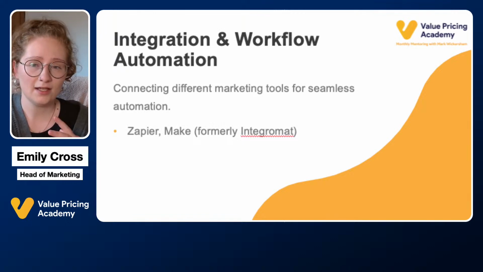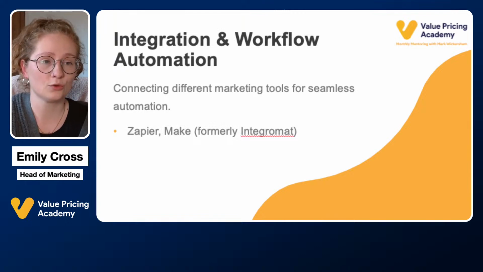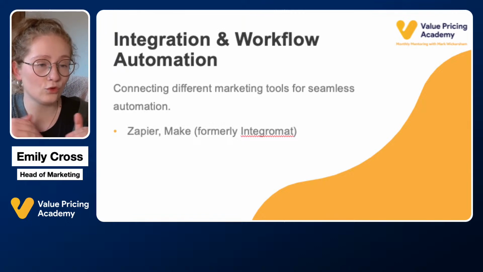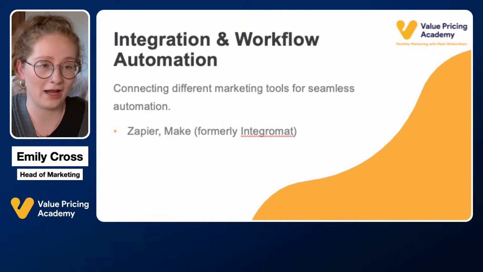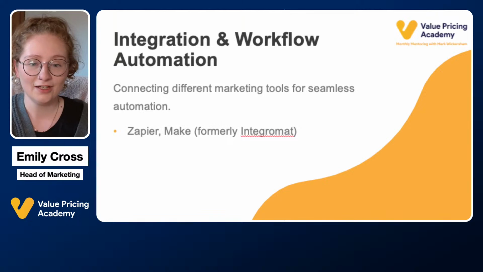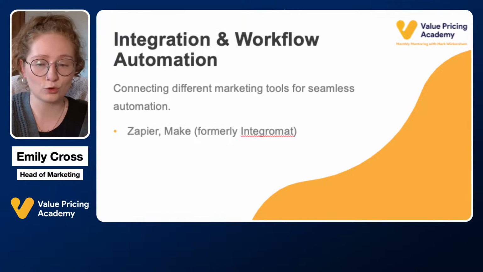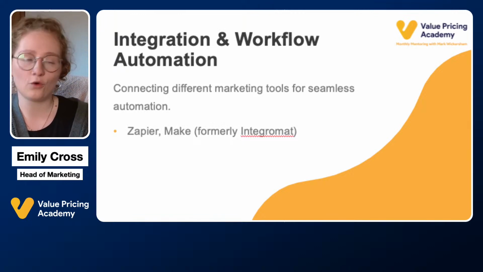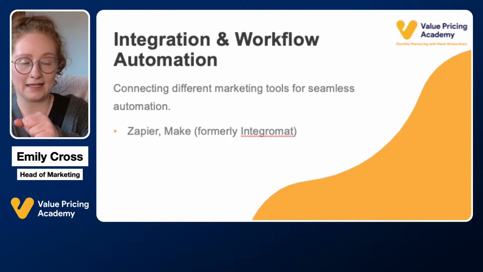This tool is going to be about connecting your different marketing tools so that they all seamlessly work together, and use automation to pass tasks between them so that you don't have to have that level of input again. So Zapier is a tool that will allow you to connect the majority of your tools together so that you can further automate your processes. So for example, you might have somebody book an appointment in a calendar system.